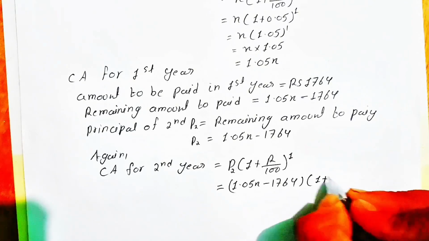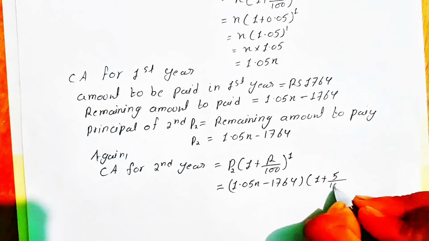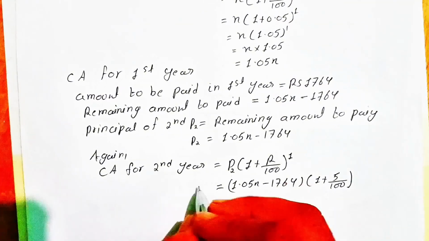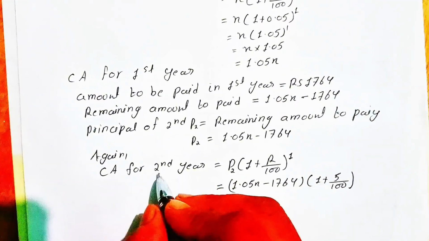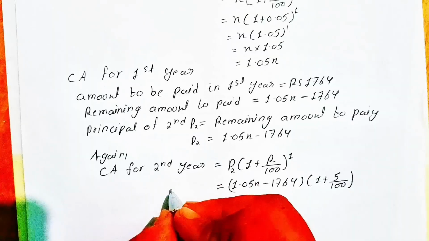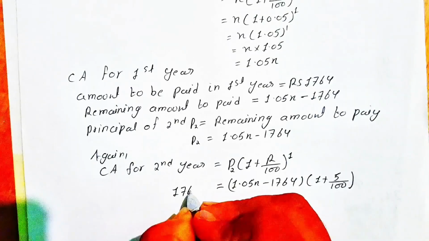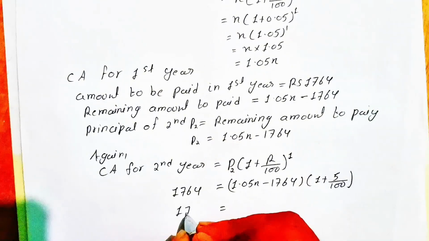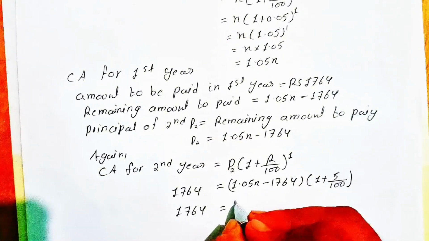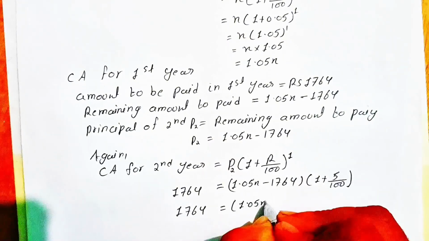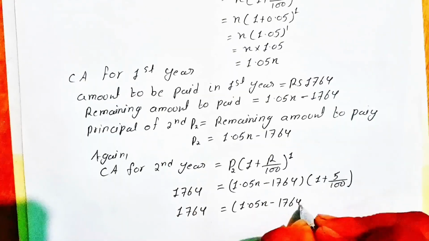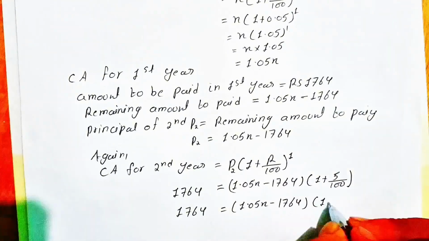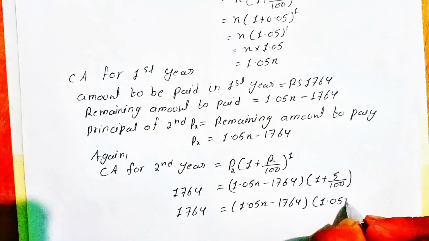Into 1 plus 5 by 100 to the power of 1, and the compound amount of the second year is again the second installment, that is 1764. So 1764 is equal to (1.05x minus 1764) times 1.05.